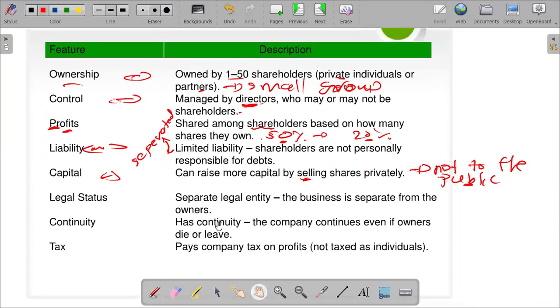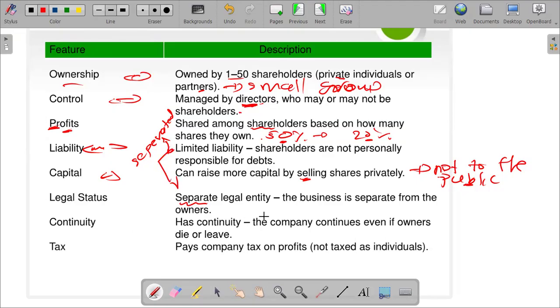And then legal status, it's a separate legal entity. It means that, again, separate, limited, separate legal. The business is separate from the owners. So whatever laws that may come to the company, they will not affect the owners. All right?